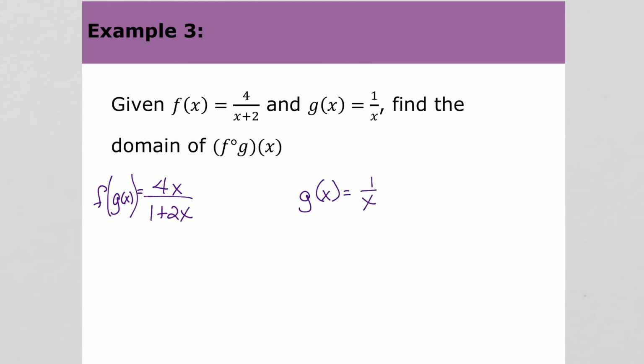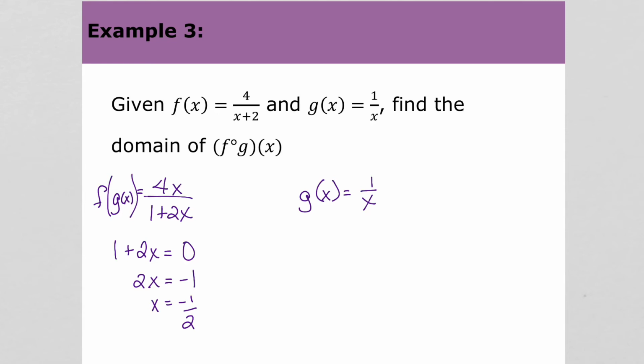So first, find the domain of f of g of x. Start by seeing what we're not equal to on the bottom. So set the bottom equal to 0 and solve for x. So 4x over 1 plus 2x is not defined at x equals negative 1/2.